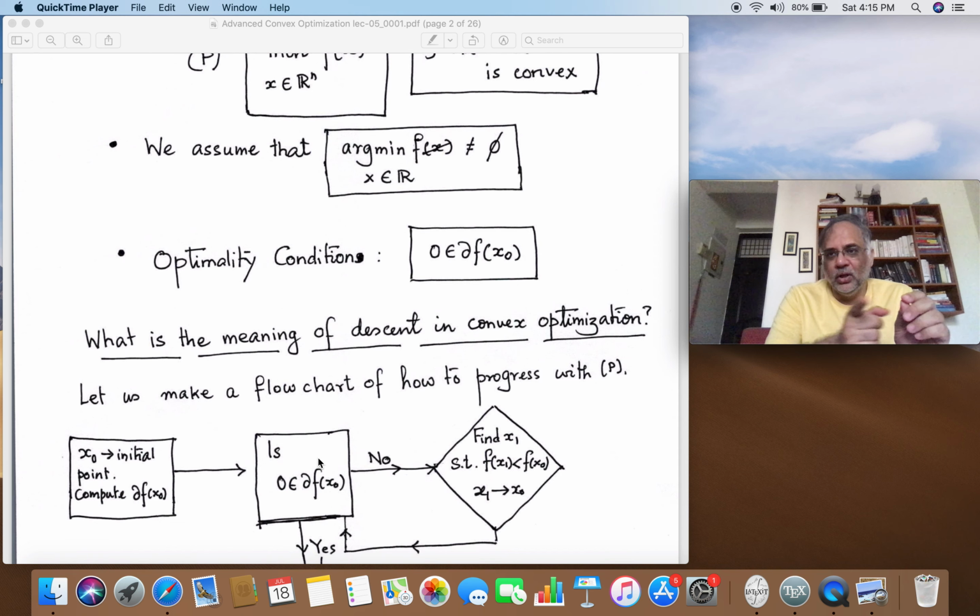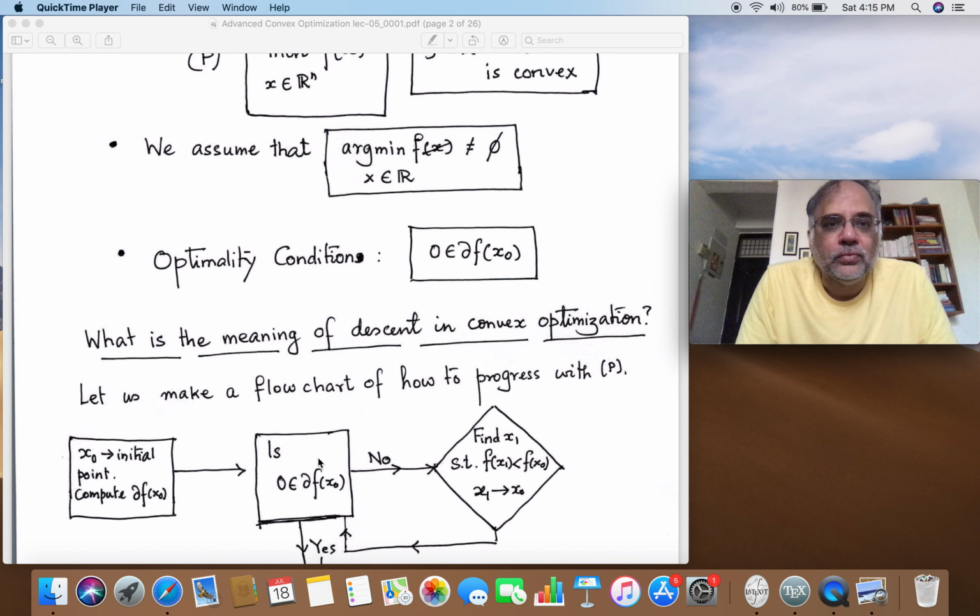Such a direction will allow you to move in a straight line. That is why these things are called line search methods. And at the same time, they will take you to a point where the function value is decreased. Because if you are minimizing, decreasing the function value is an important issue.